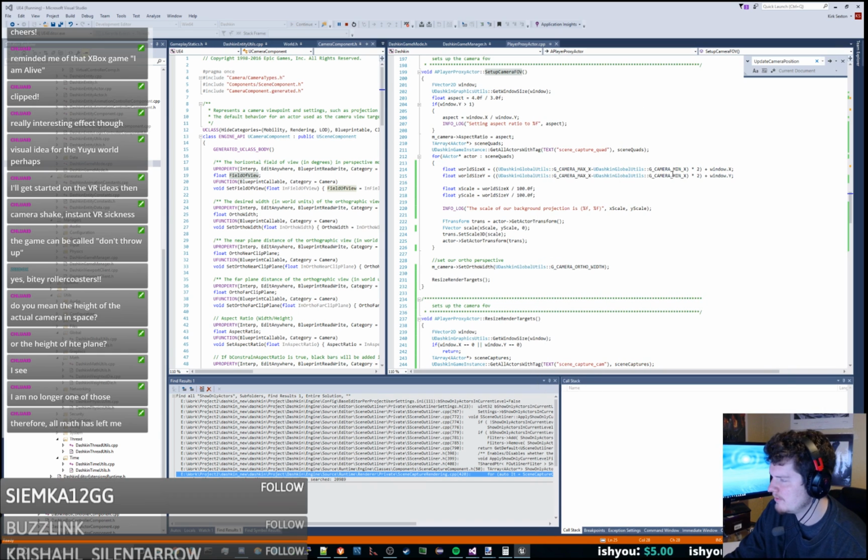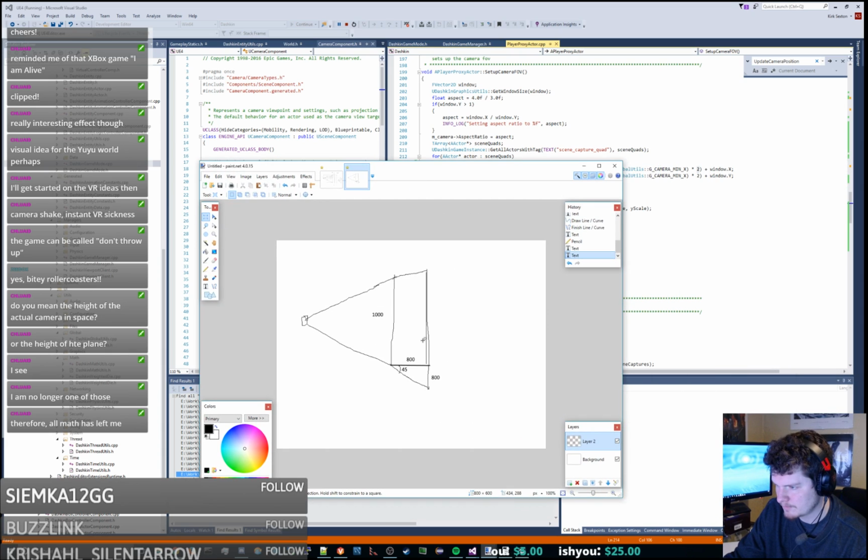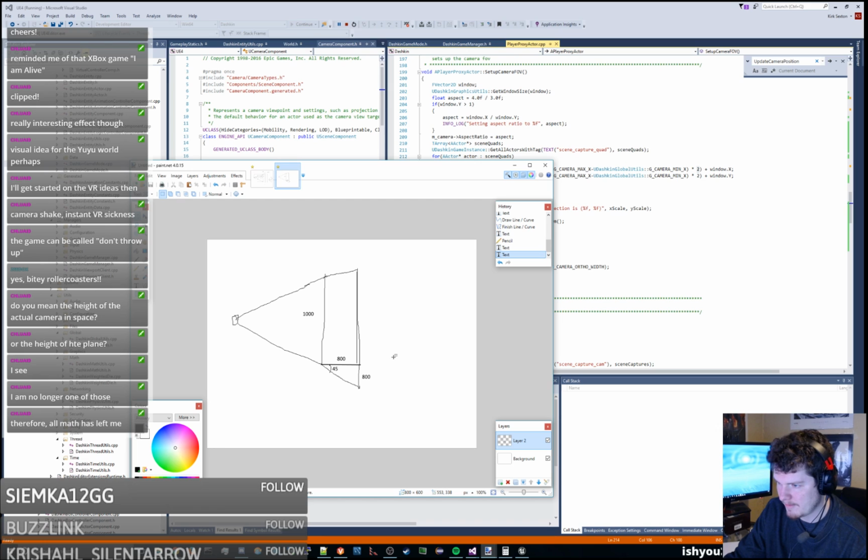I mean, we multiplied this by 2. Are we supposed to multiply it by 4? Why would it be 4? It should be 800 plus 800, which is 1600, which is this right there.